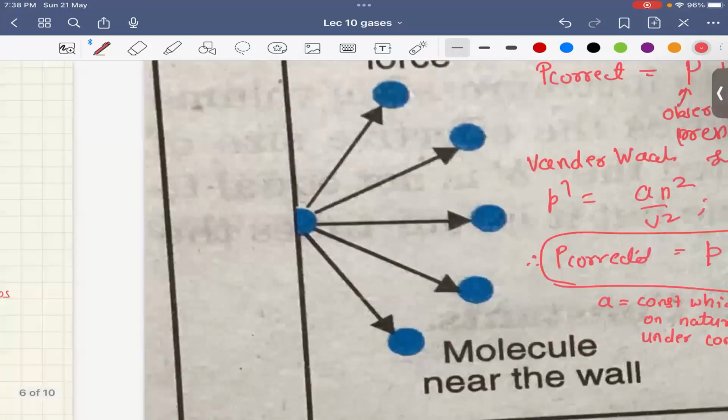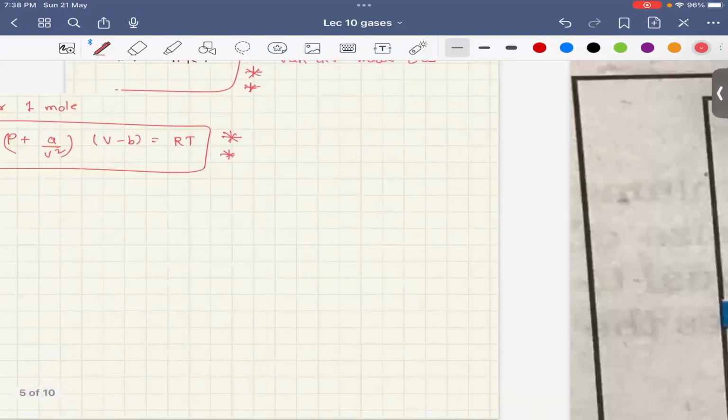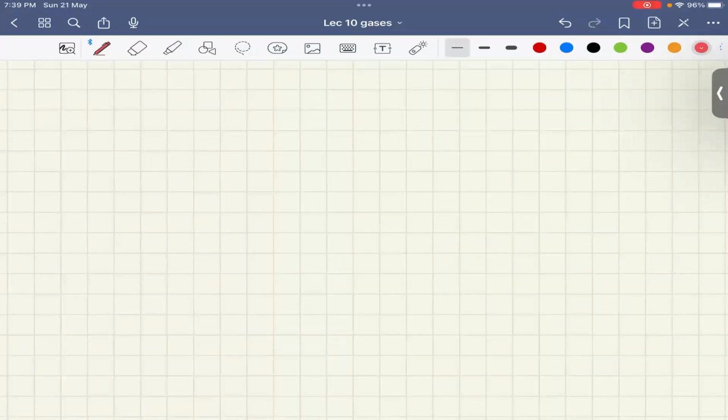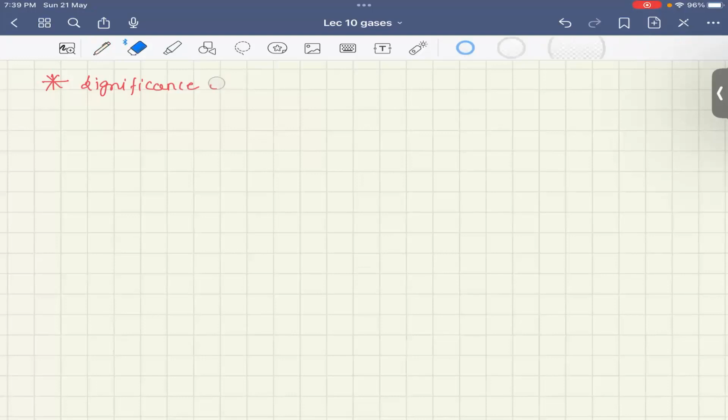Now let us look at the significance and units of a and b.